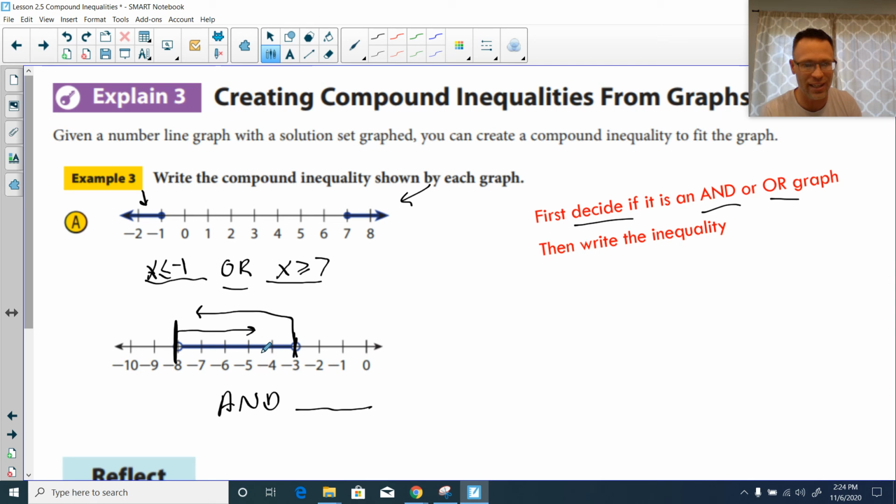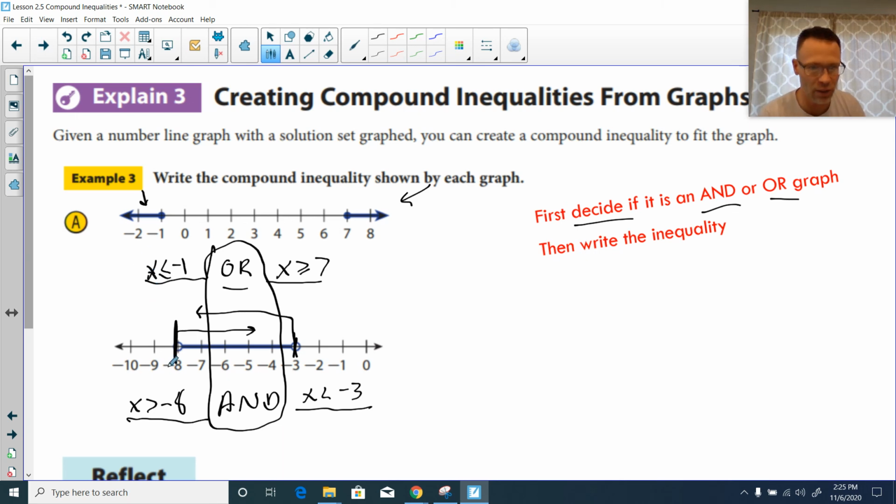So the one on the right is less than -3, so x is less than -3. What is the other one I'm connecting? This is saying that x is greater than -8. And I'm done. That's all I've got to do. Again, all I'm doing is deciding, is it going to be "and" or "or"? I'm writing down that word first, and then I'm just literally mapping out, all right, well, what are the two inequalities, and then writing them down. It's not too terrible.